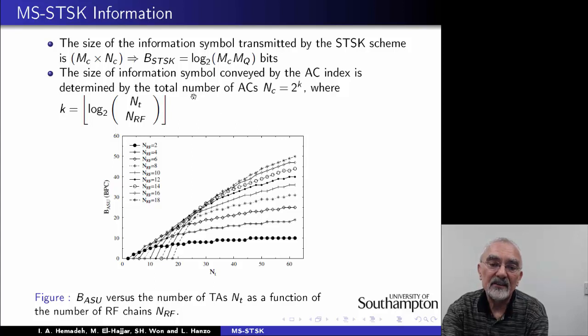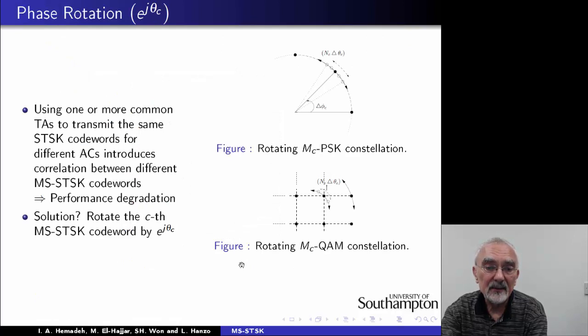By contrast, the size of the information symbol transmitted by the antenna combination index is determined by the total number of antenna combinations given by this simple formula here. And so in this illustration we can see the bits per channel use, as a function of the activated transmit antennas, in other words the number of radio frequency chains. So let's move on and deal with this correlation problem I alluded to briefly.